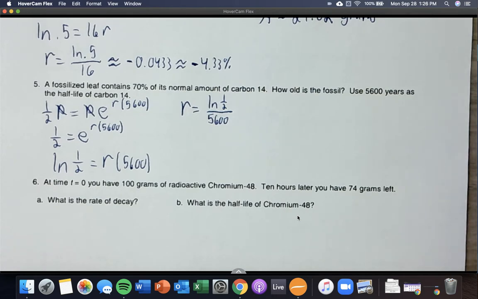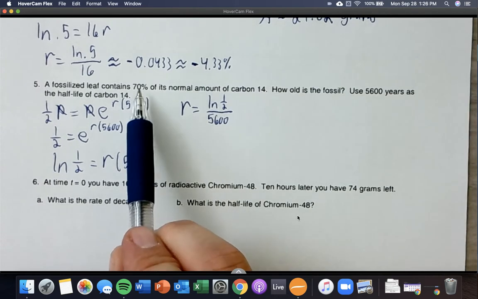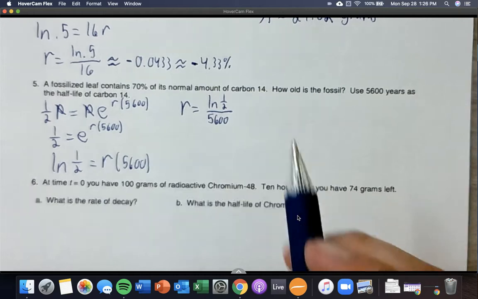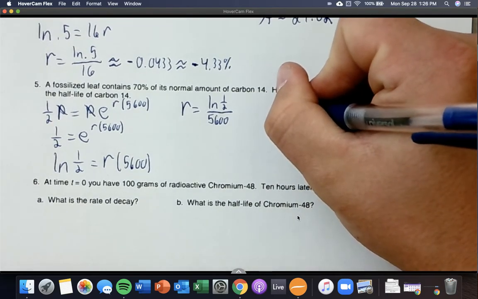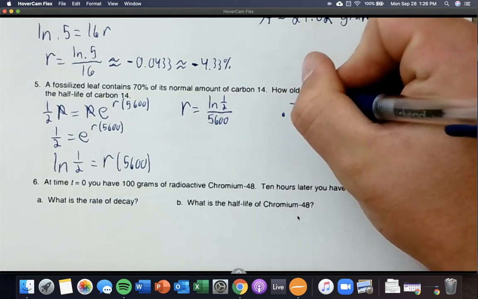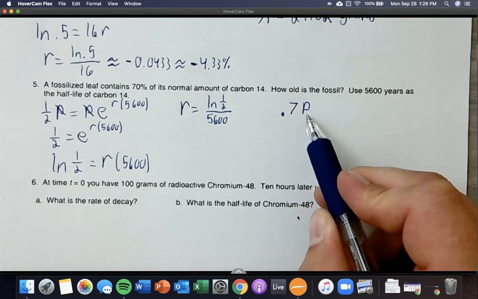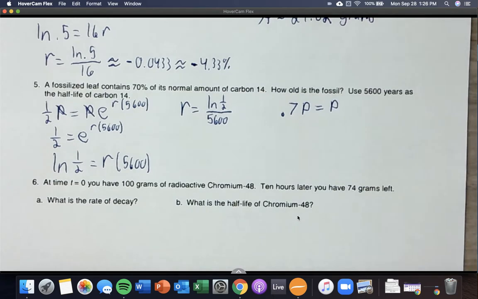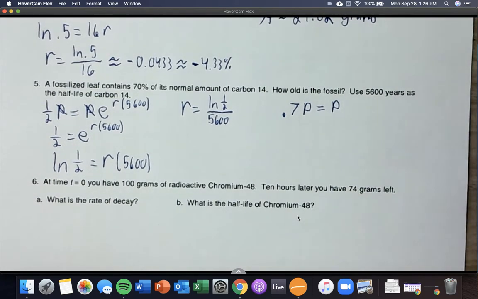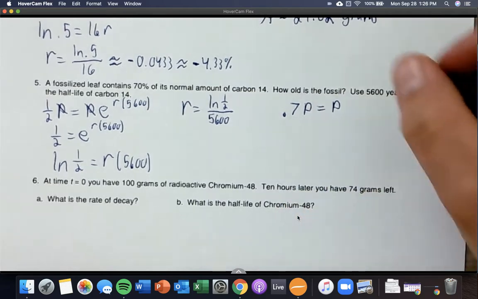So now what it's saying is, how long or how old is the fossil when it's 70% of its normal amount? Well, 70% of its normal amount would be 0.7 times the original amount. This is 70% of the normal amount. We can set that equal to the normal amount, which again, we don't know, but the cool thing is when we plug it in like this, we know these P's are going to cancel right away.